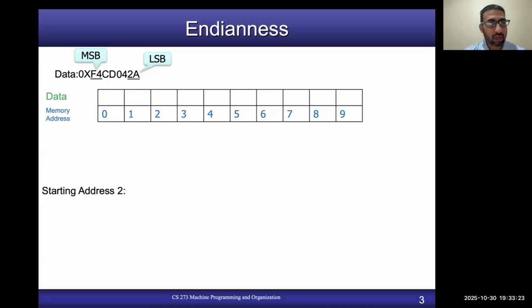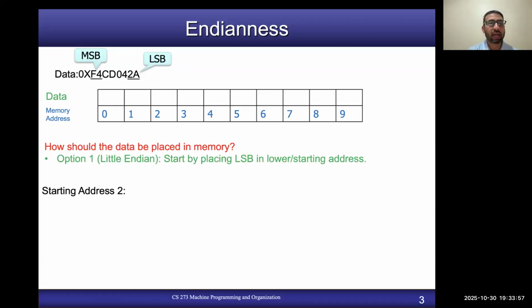What we want to do is place this data into the memory. Actually it's not 16-bit, it is 32-bit, or let's say 4-byte data. So the question is how we can place this data in the memory.